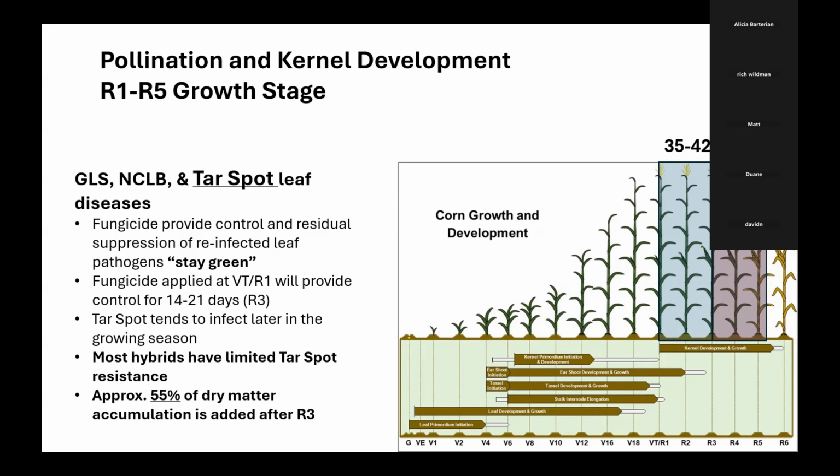But if you're doing a Xyway program and nothing else, and you come in at VT at tassel for your gray leaf spot and northern and trying to get that chunk of tar spot, you're exposing yourself in the second half of the grain fill period. You're putting at risk the 55% of that dry matter grain fill that's going to be there.